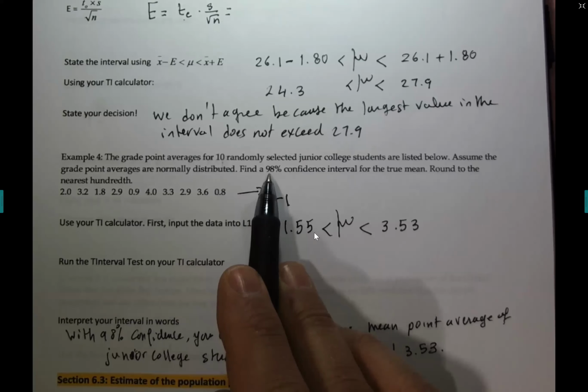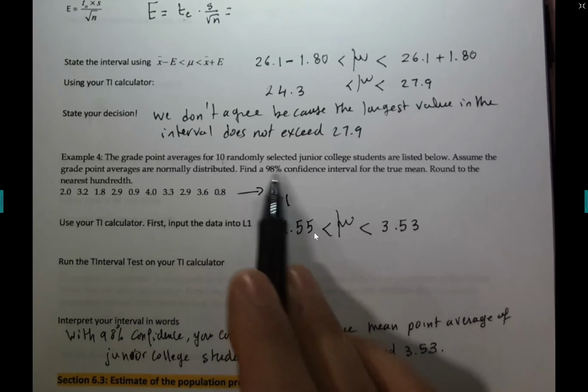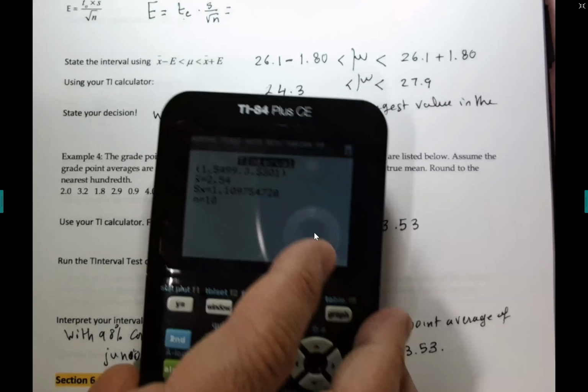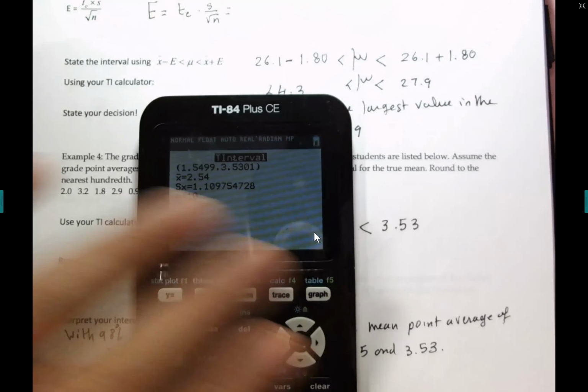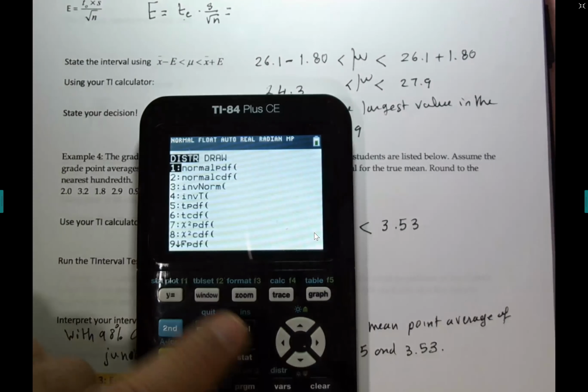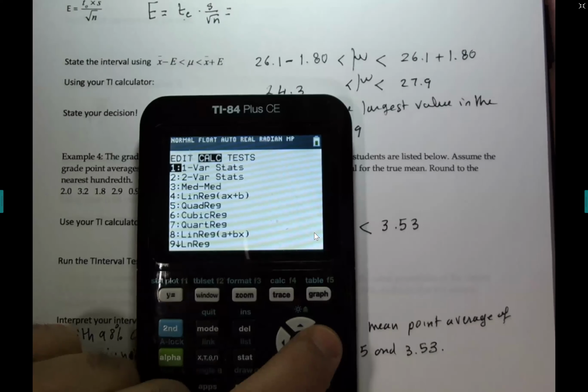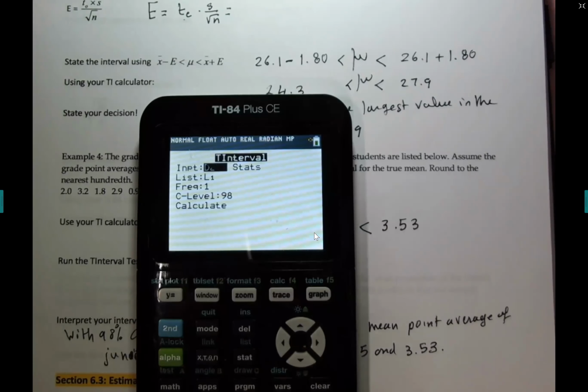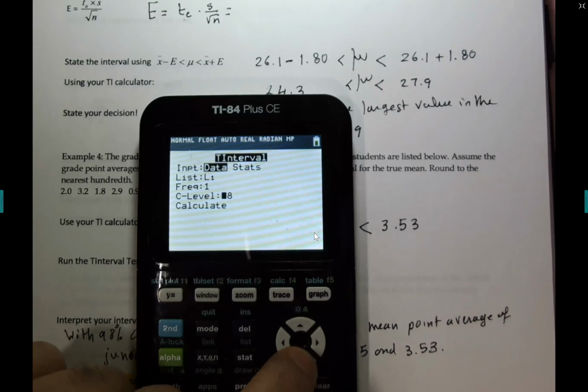It's 98%. If I try to do a 90% confidence level, look what happens to the interval, guys. Watch. Second, and sorry, clear, stat, tests. And I'm going to go to number 8. It's number 8 on all calculators. And I'm just going to change this one to 90.